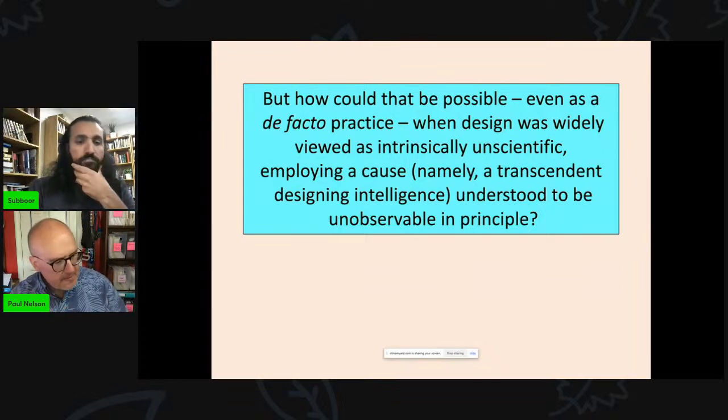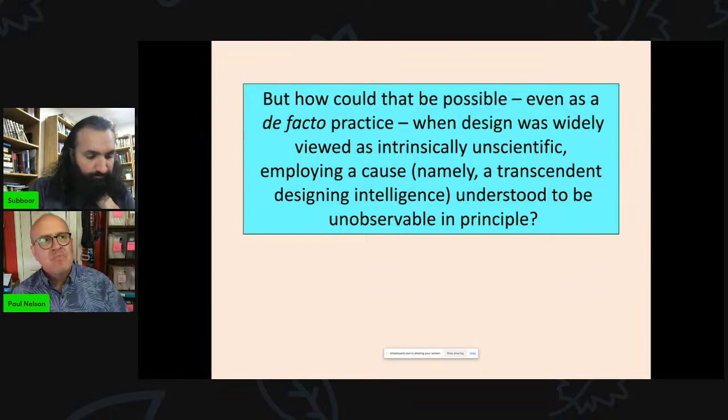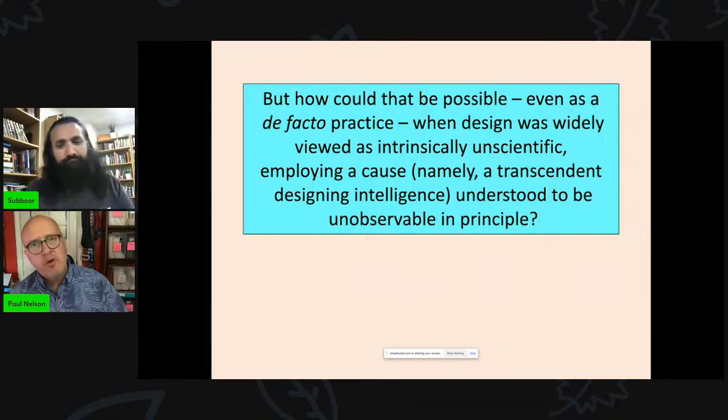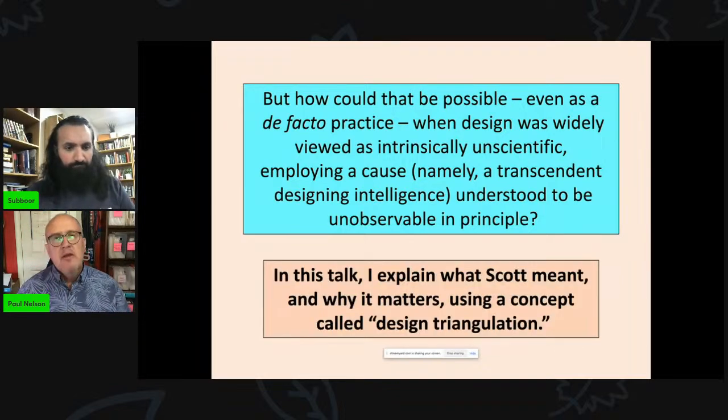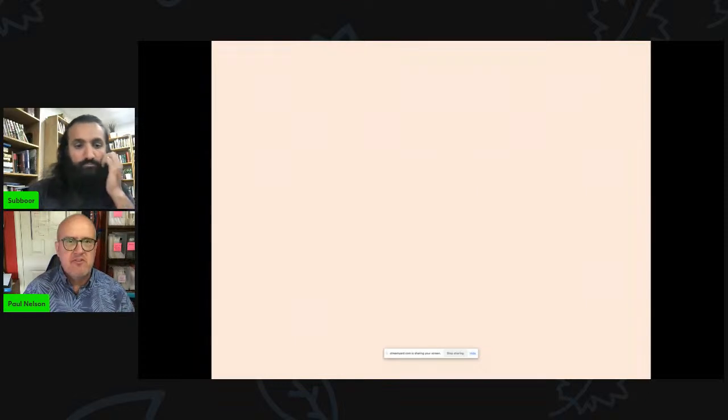He said, look, the actual practice of molecular biology presupposes concepts that really come to us from design. So I want to lay out what he meant in this presentation and unpack this intuition that Scott had. And I hope by the time we reach the end, it'll make sense to you.